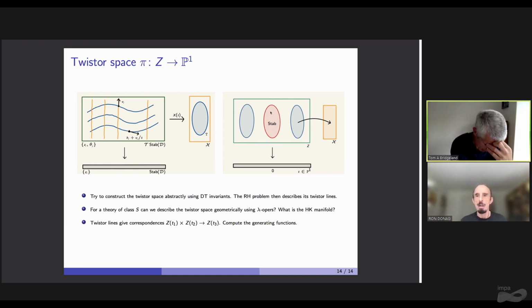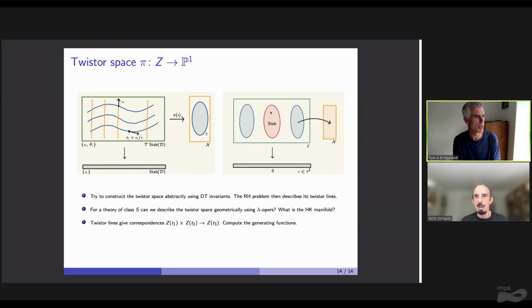So let me say this. Basically, it gets very complicated when you go beyond A1. In the A1 case, we know, for example, that the space of stability conditions is the space of quadratic differentials, and that the BPS invariants count finite length trajectories of those differentials.